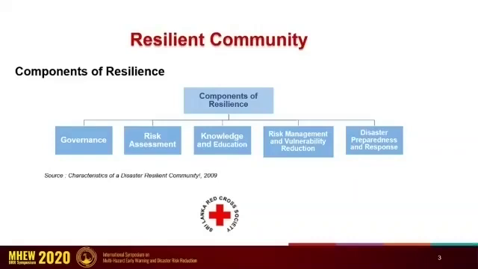Twigg, in his book on characteristics of disaster resilient community, describes 5 components of resilience. Especially in a post-disaster reconstruction project, it is important to understand these components well, and implementers should consider these components embedded in their long-term plan.